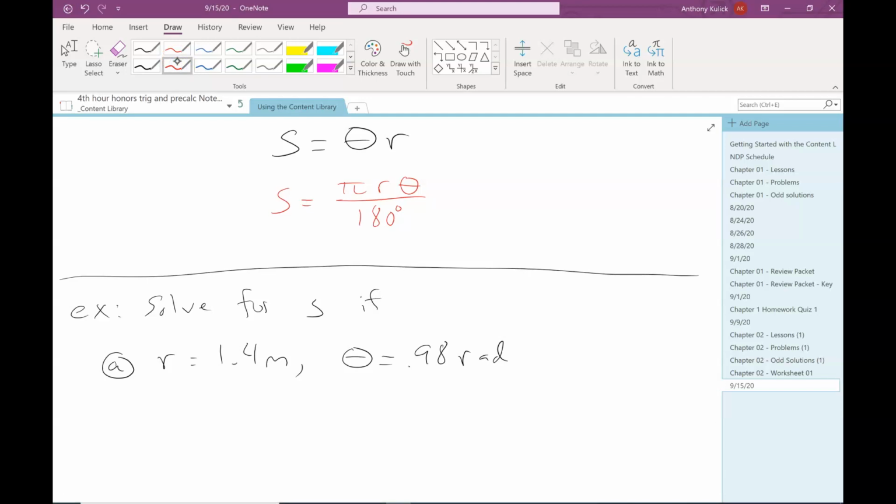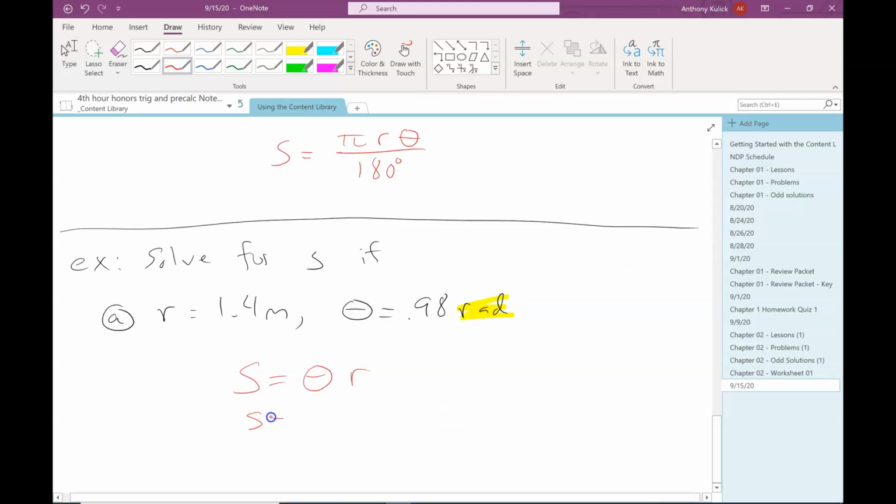Okay. Which version of the formula above is the one that we want to use, the black version or the red version? The black version. How did you know that? Because the angle is measured in radians. Very good.